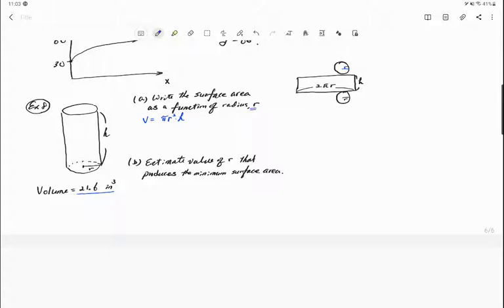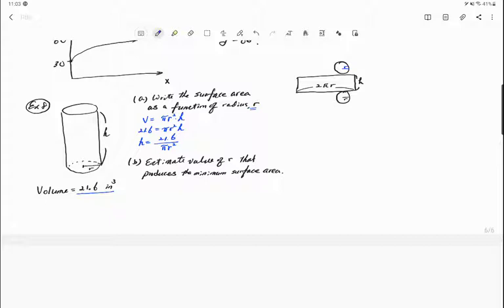And the volume is given, so 21.6 equals pi r squared h. We want to write this in terms of r. Let's rewrite h. Then h will be 21.6 over pi r squared. So we can rewrite this expression so that h equals something, and in this case, h is written in terms of r.